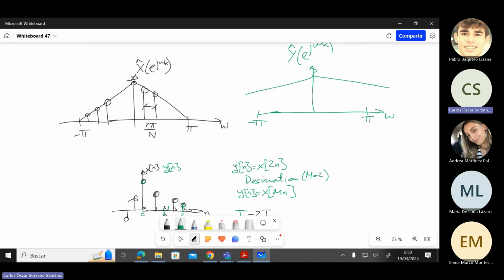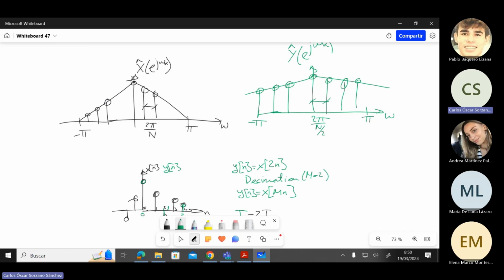Okay, we will characterize that. And now we have samples. How many samples do we have now? So if this one had n, this one has n half. So now the separation between two samples is 4 pi divided by n. So they are more separated, and in total we have only n half samples.